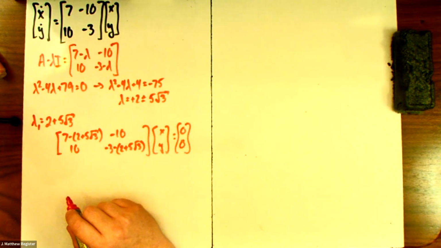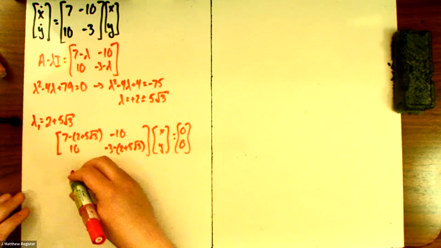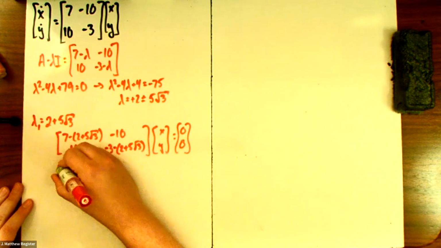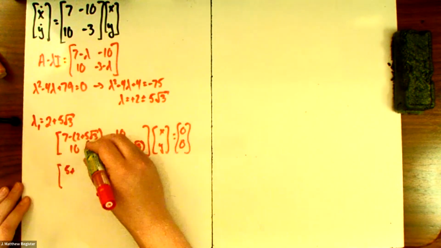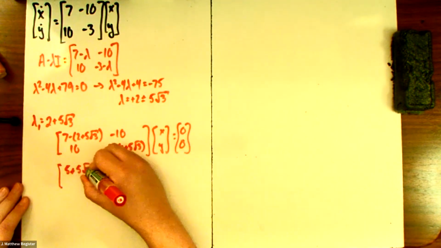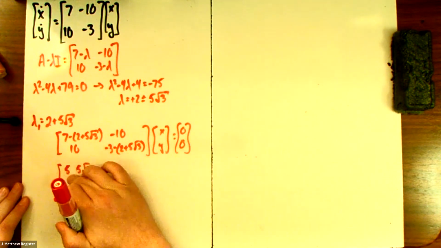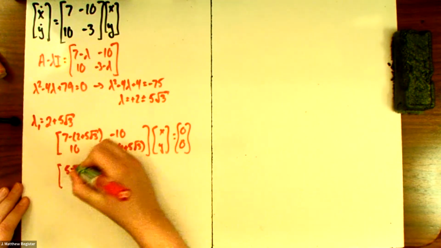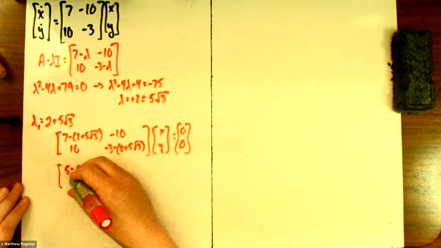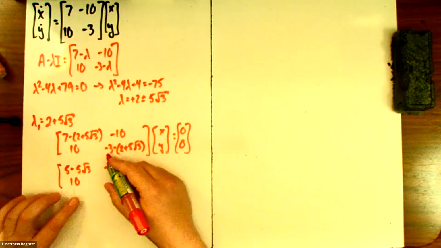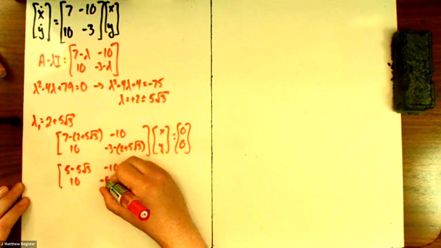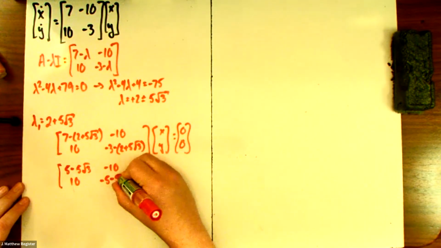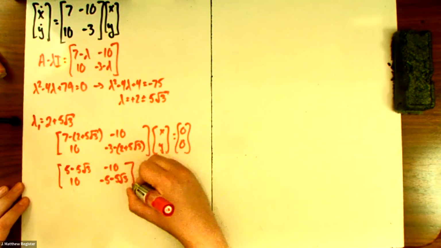We can clean this up a little bit. And so cleaning this up, 7 minus 2 is going to give a 5. Plus 5 root 3 becomes a minus 5 root 3. Then a negative 10, and then a 10, and negative 3, negative 2 is going to give a negative 5 minus 5 root 3.